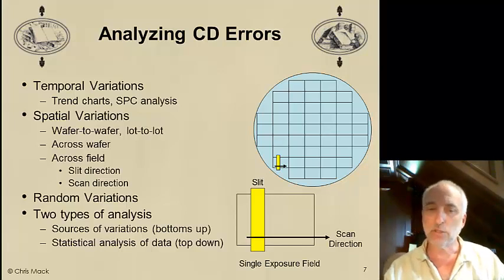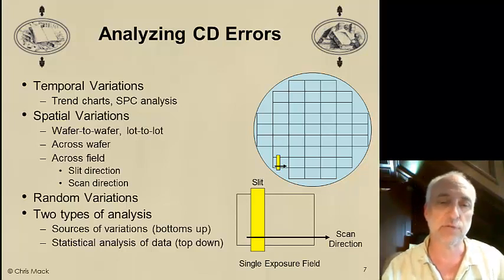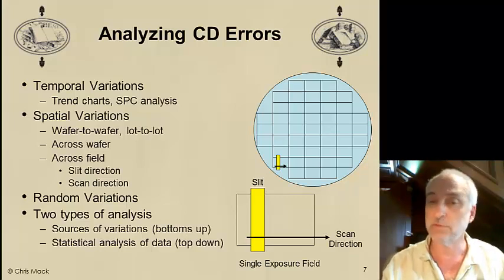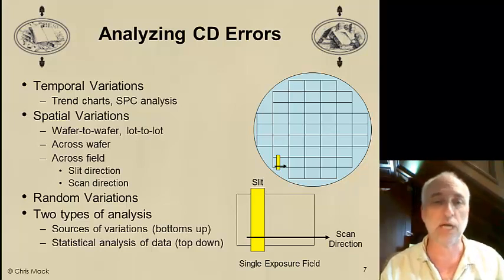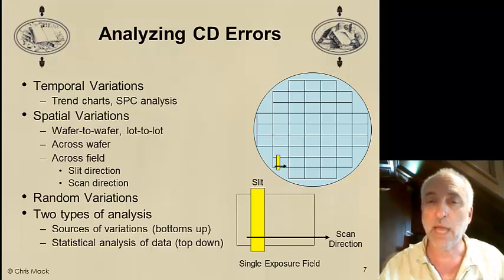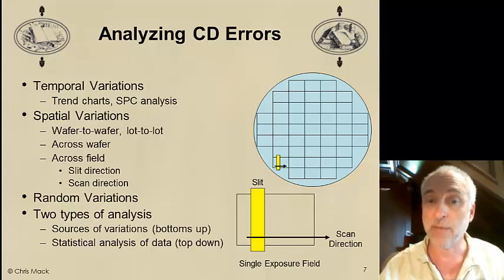Given that, there's two basic ways that we analyze errors. I'm speaking, of course, about semiconductor manufacturing here, but the approach that I'm taking, in fact, applies to virtually any manufacturing you could possibly think of. We often analyze errors in the results in a top-down way and in a bottoms-up way.